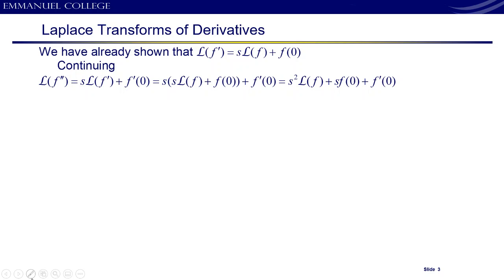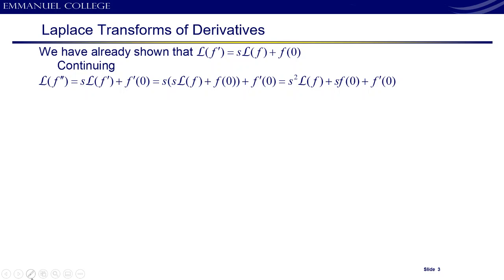Now, when we did the initial problem, we said that the Laplace transform of the derivative of a function was the s variable times the Laplace transform of the original function plus the function evaluated at 0. Well, what if you have the Laplace transform of the second derivative? Then you can just expand it out.